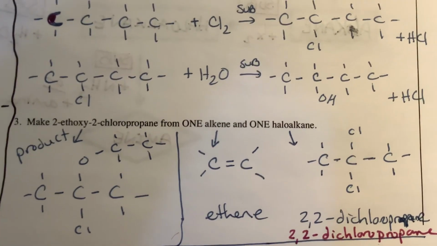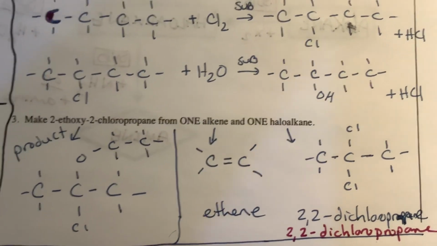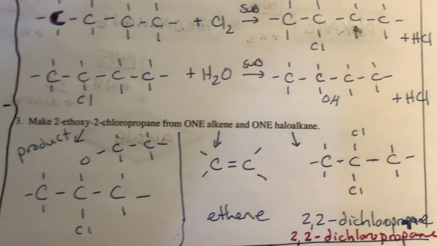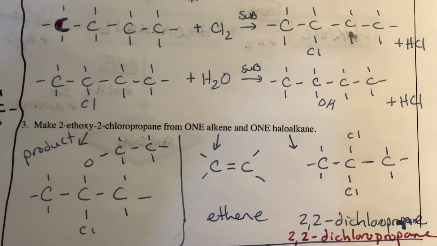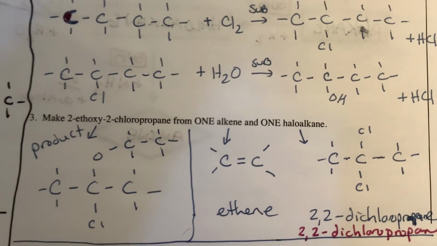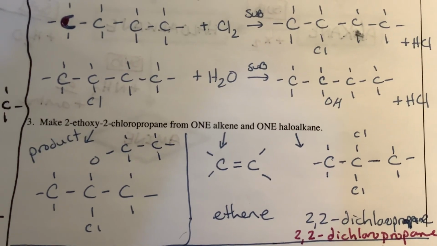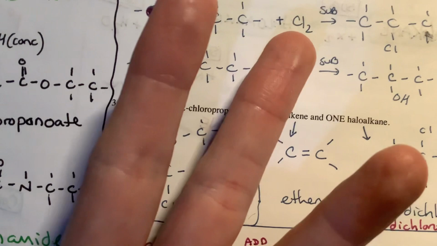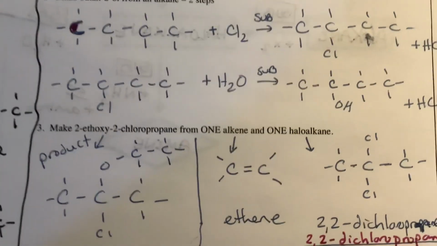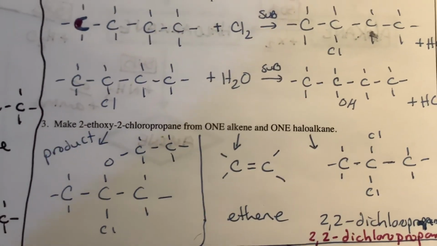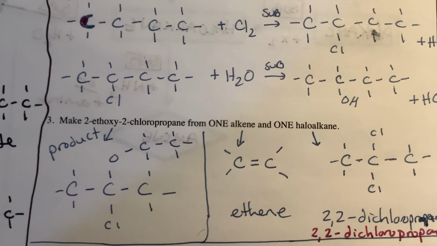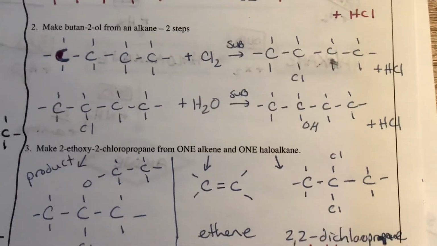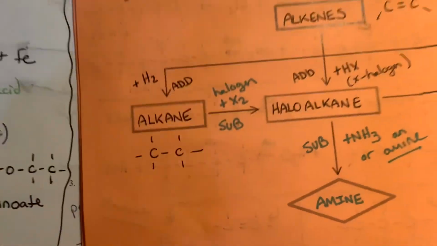I'm going to use ethene, and for my haloalkane, I'm going to use 2,2-dichloropropane. I'd like you to pause the video right here and try to figure out what the steps are. You're going to need 3 steps. Go to your diagram and pause and see if you can figure out what the 3 steps are going to be. I'm going to pull the chart out here in front of me while we do that.